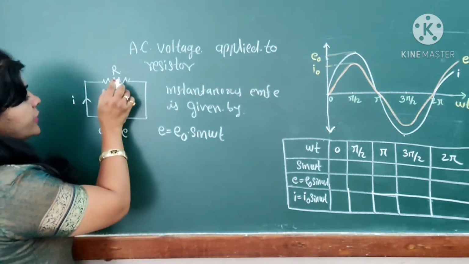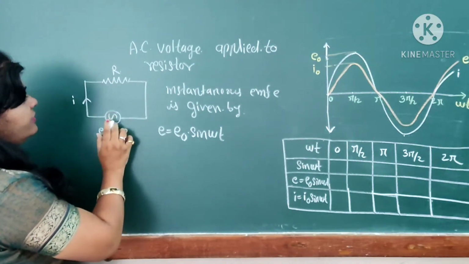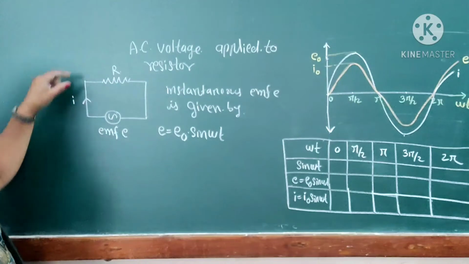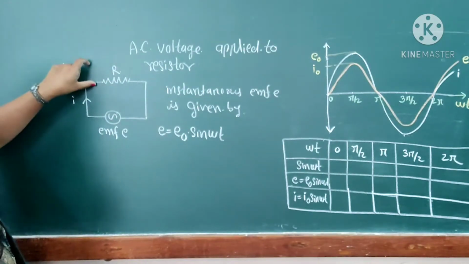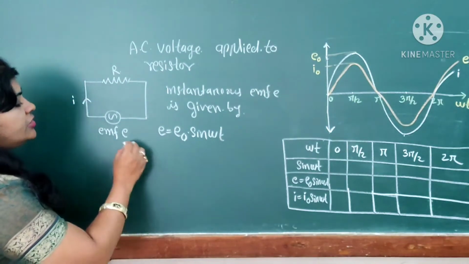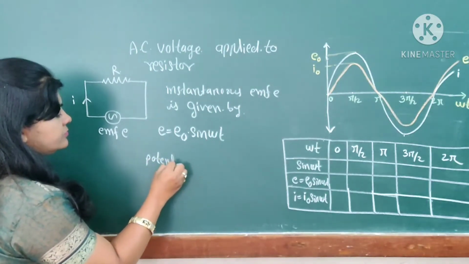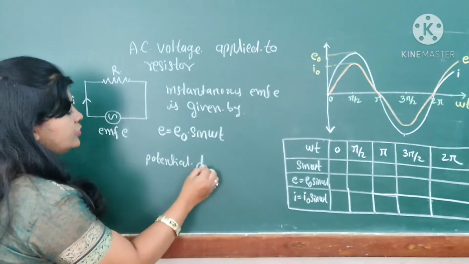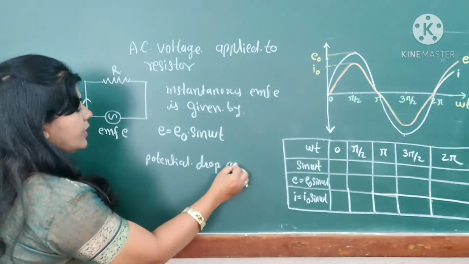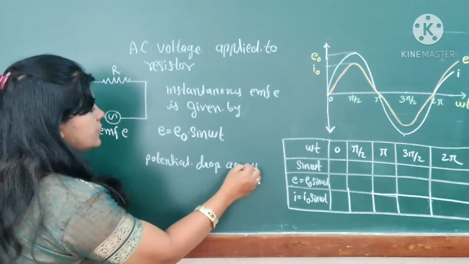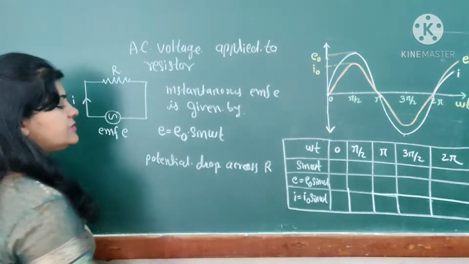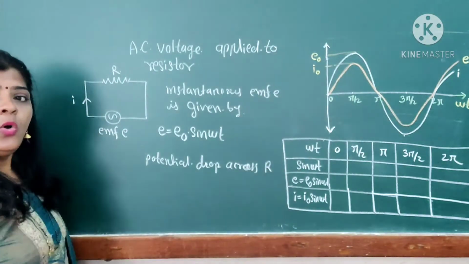After that, the potential difference. Now this EMF is produced across this resistor, and the potential drop across the resistor R is given by Ohm's law.